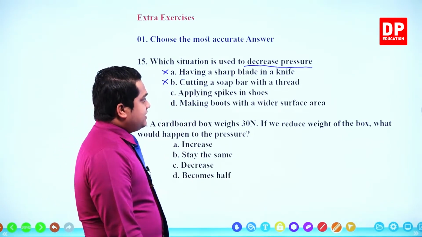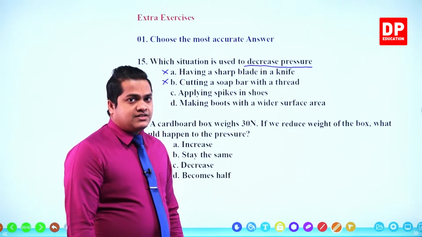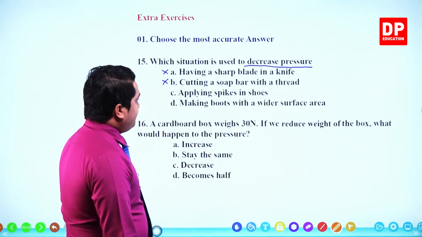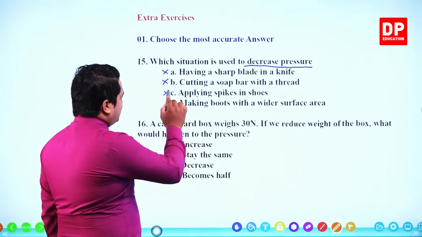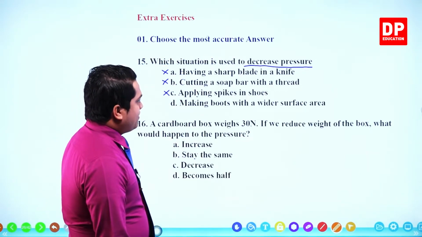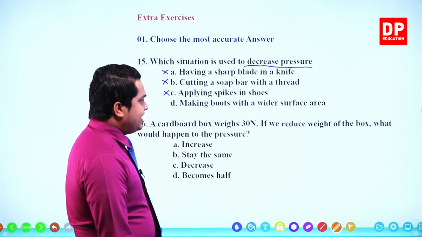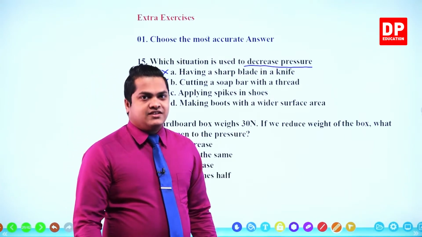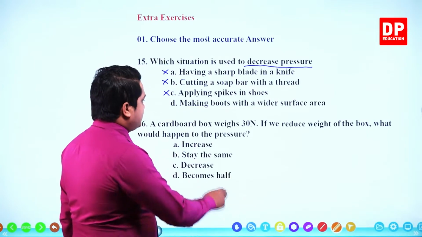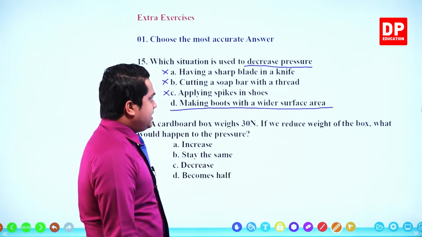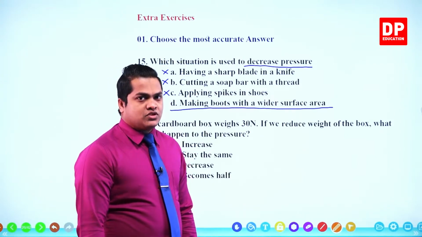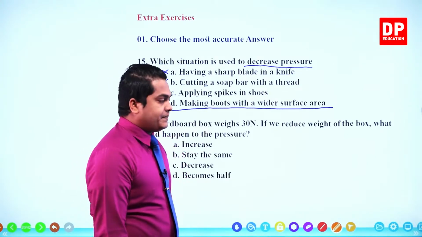Thread has a less surface area, so here we increase the pressure. Applying spikes on shoes, irrelevant, right? Making boots with a wider surface area. Wider the surface area, lesser the pressure gets. So the answer is making boots with a wider surface area.